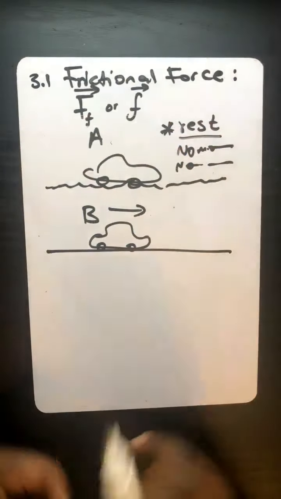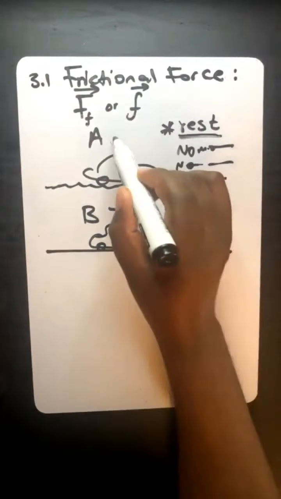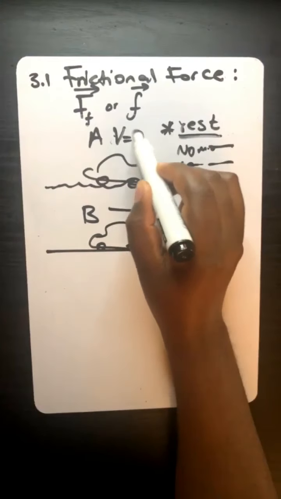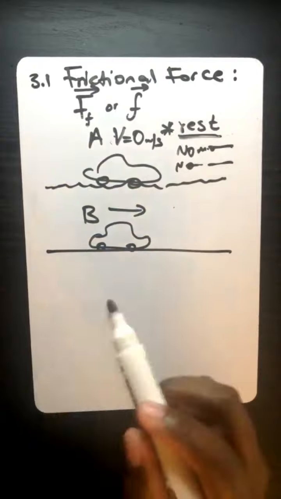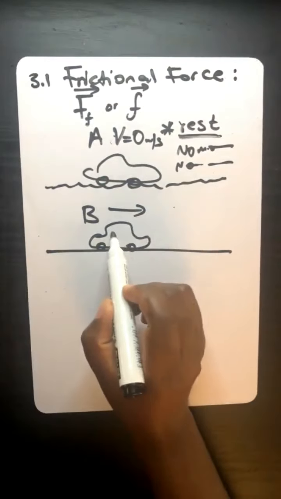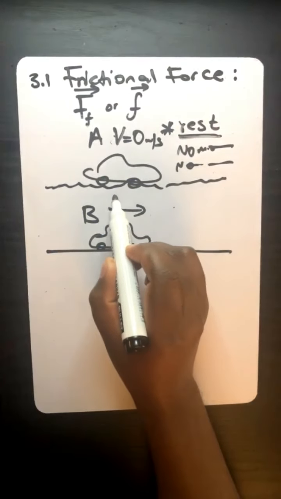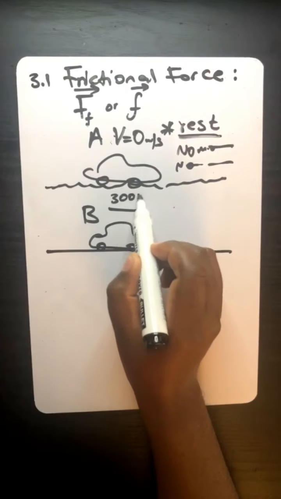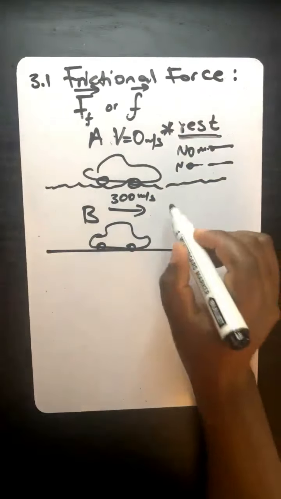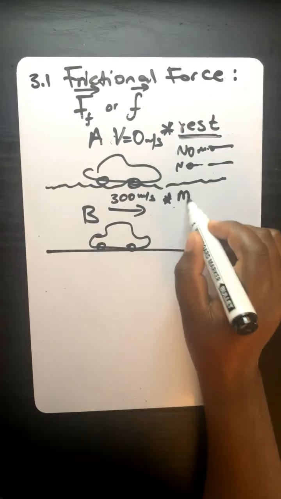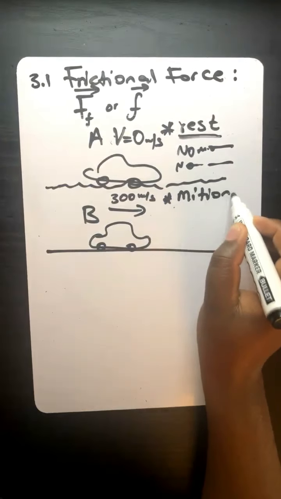Obviously, if an object is at rest, it means its velocity or speed is 0 meters per second. For argument's sake, let's say object B is moving in that direction at 300 meters per second. So that means this object is now in motion.